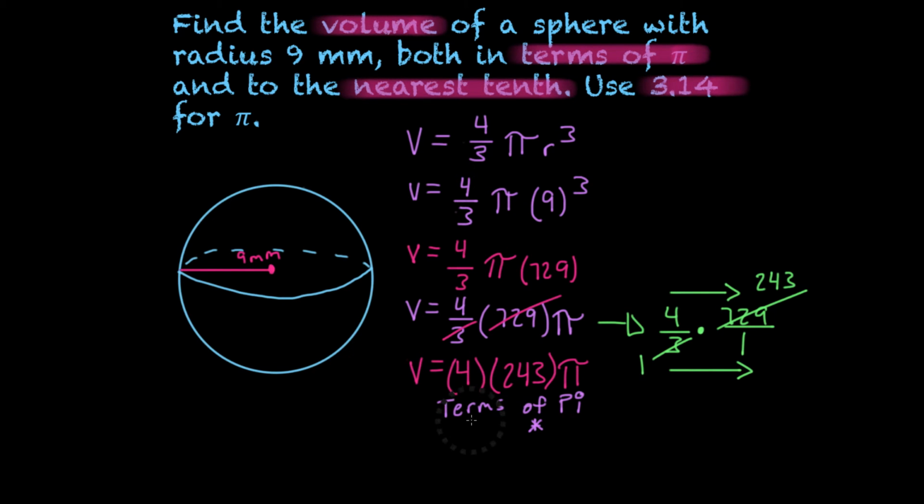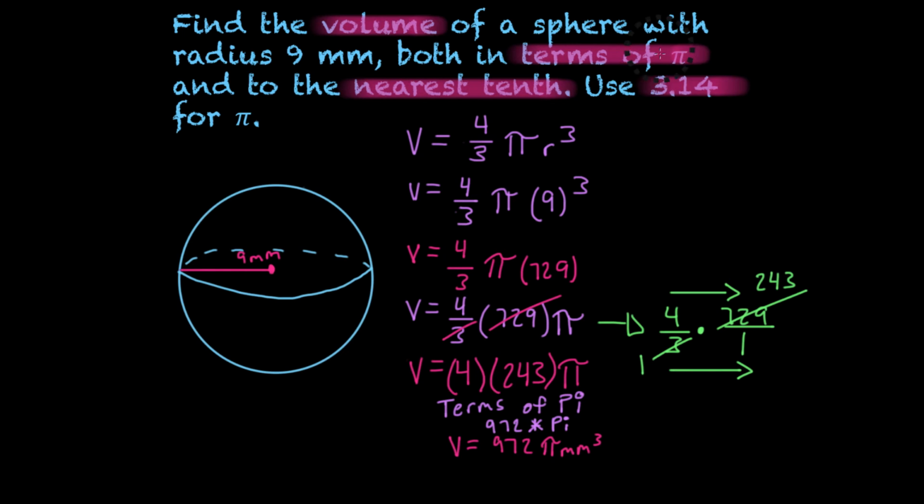You'll have your constant term to the left of the multiplication symbol, and the symbol for pi on the right-hand side. 4 times 243 will give me a value of 972, and I'm going to multiply this value times pi. So we really have the volume is equal to 972 times pi. And don't forget the units, millimeters cubed.